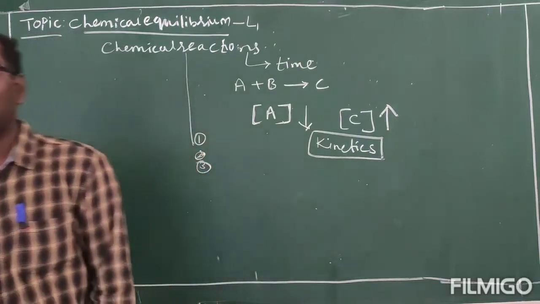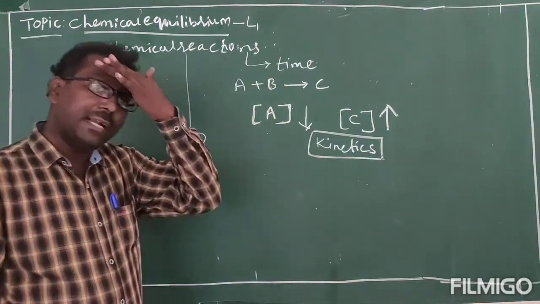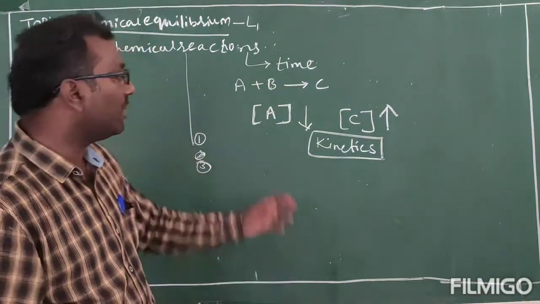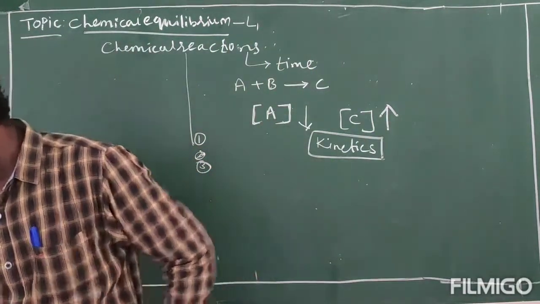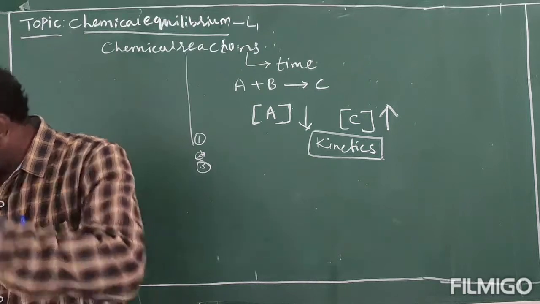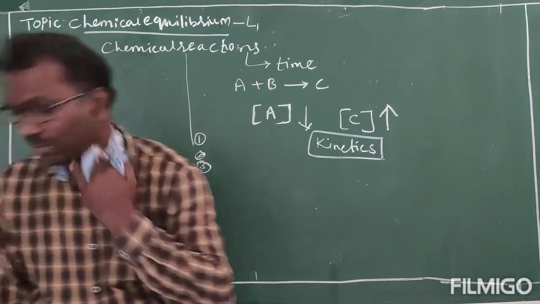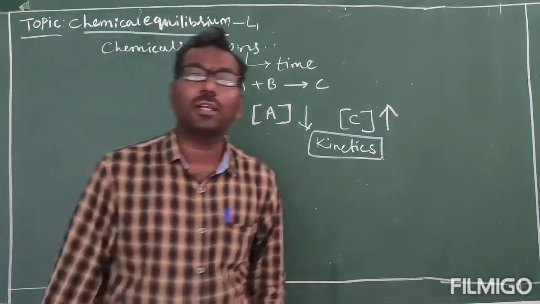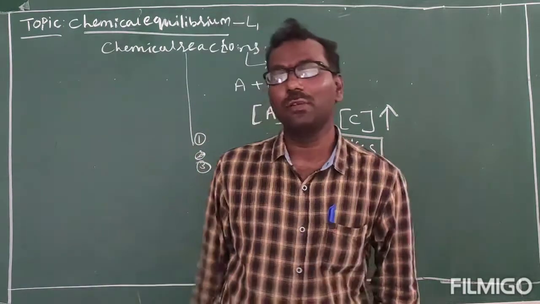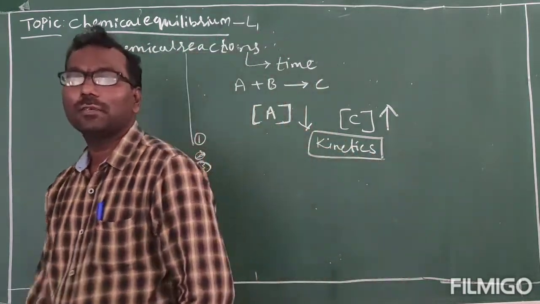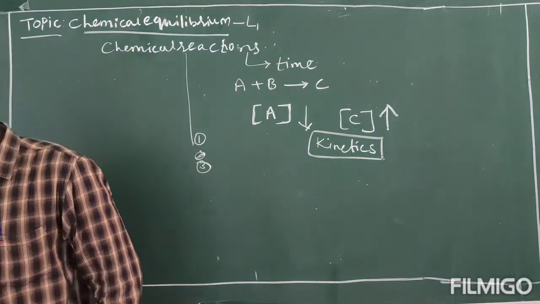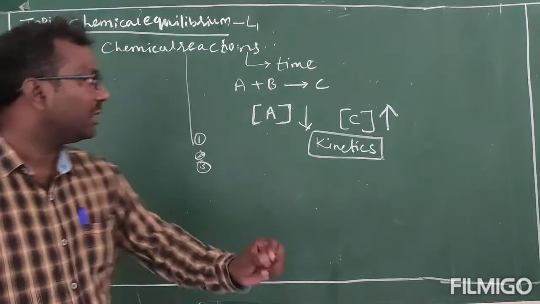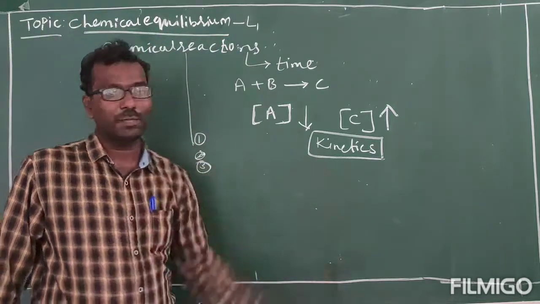And under that, the equilibrium concept we will be studying. The kinetics of reversible reactions is studied under the equilibrium concept. So this is all about the introduction part of equilibrium.